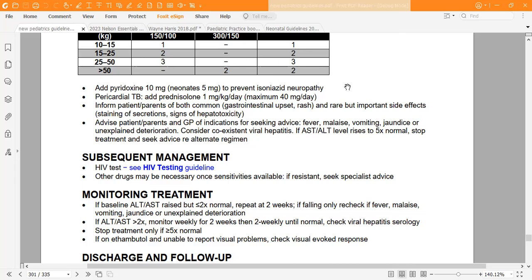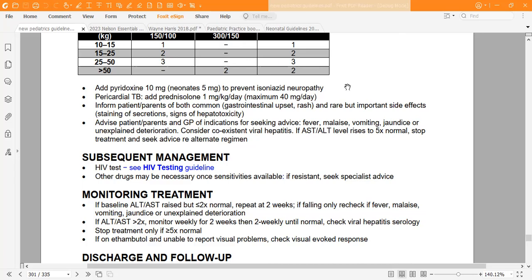We have to inform the patient himself and his parents, his caregivers, about the possibility of staining of secretions, his urine, his saliva, whatever may stain his pillow, his clothes, and signs of hepatotoxicity as well.